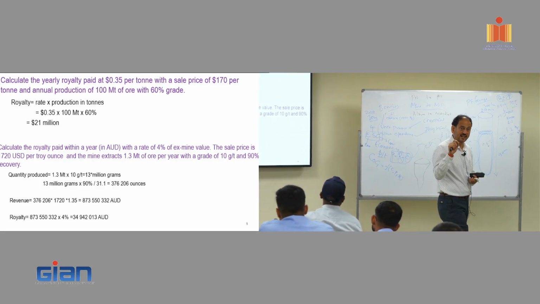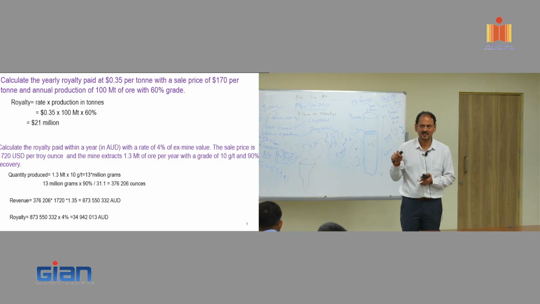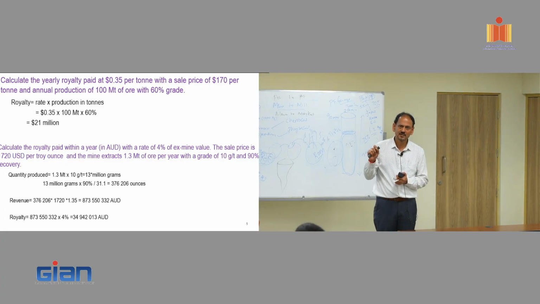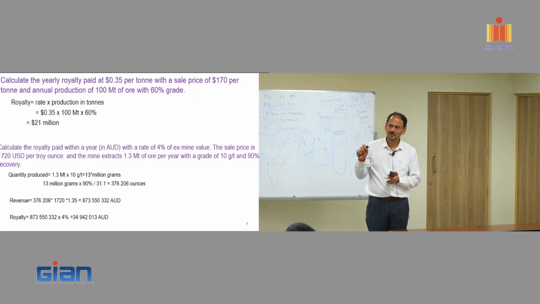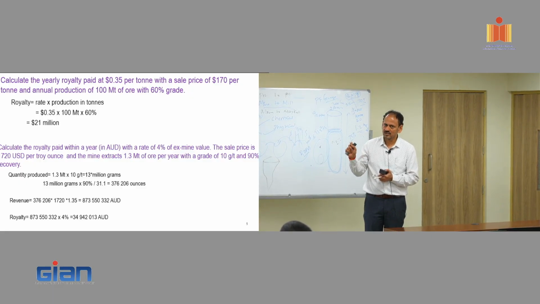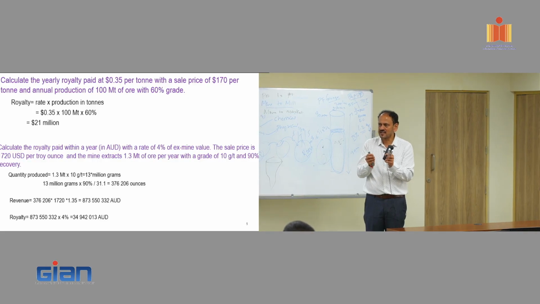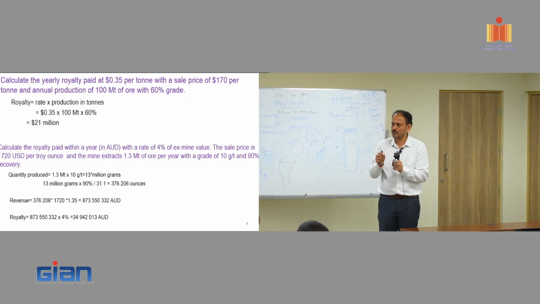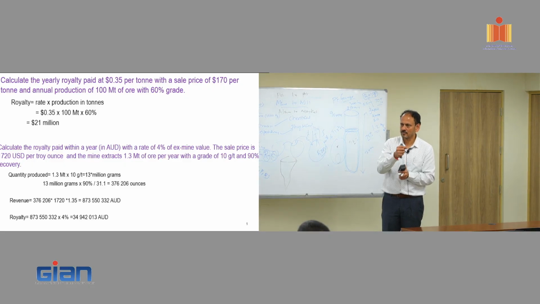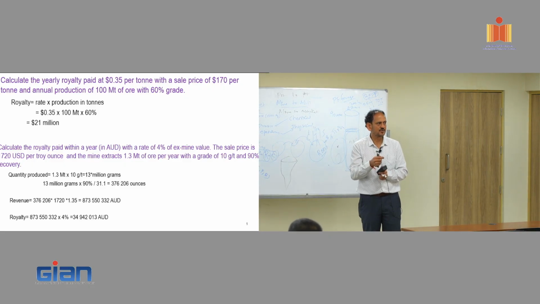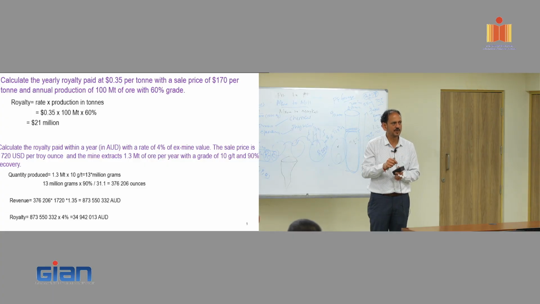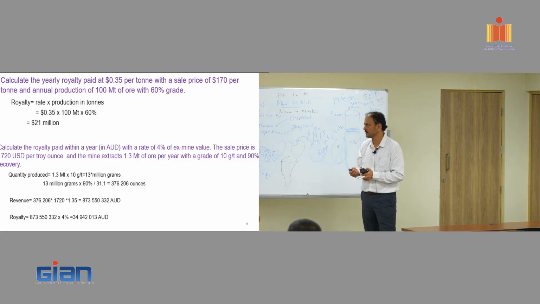Gold grades are expressed in grams per ton. Copper grades are expressed in percentage. Iron ore, percentage. When the concentration goes up, you express them in percentage. When concentration is very tiny, you express in grams per ton or ppm. So in most cases, when it comes to critical minerals, we express them in ppm or ppb.